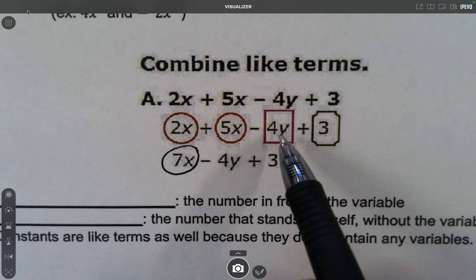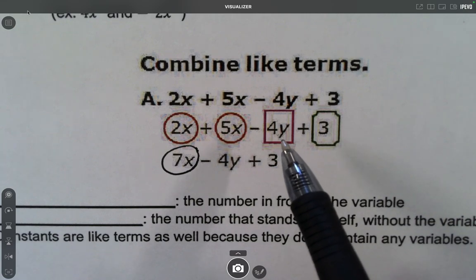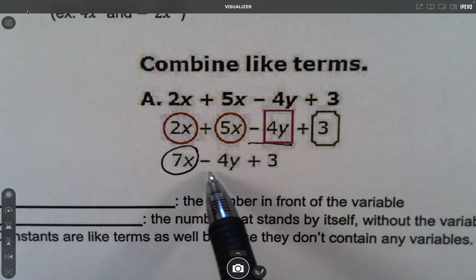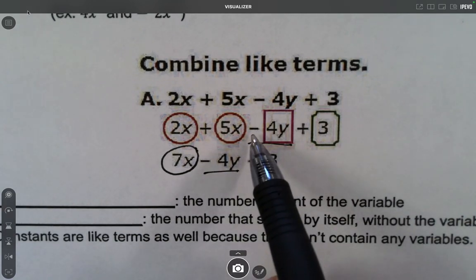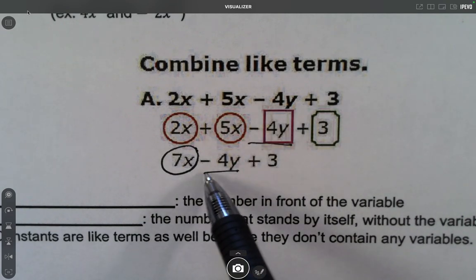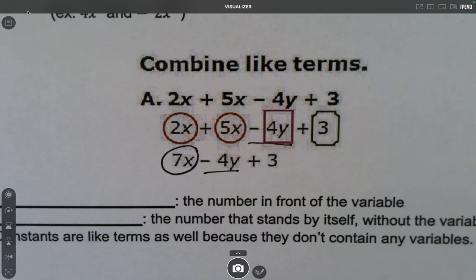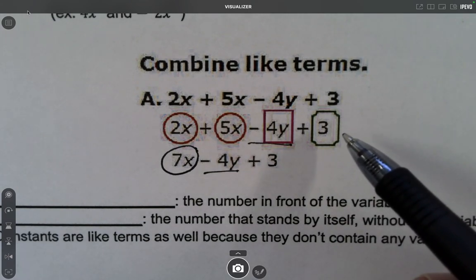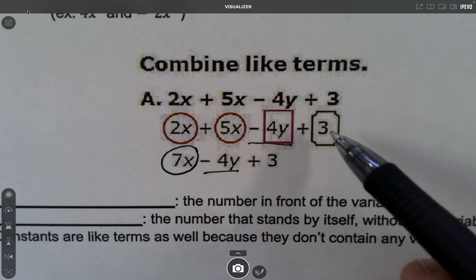This term, 4y, does not have any like terms because there's no other term in this expression that has a y. So that's why they simply rewrite this exactly the way it was. It was minus 4y up here, it was minus 4y in the original, so it stays minus 4y. This also has no like term because it's a constant.